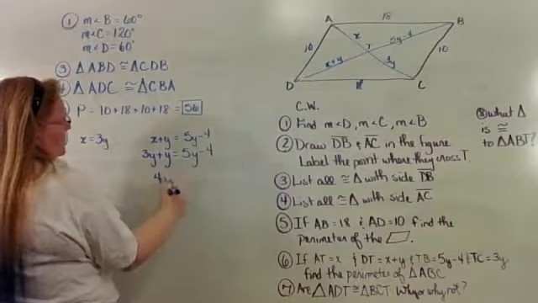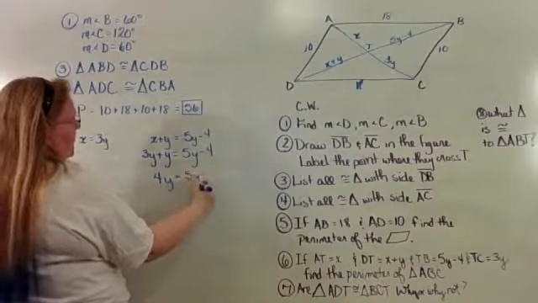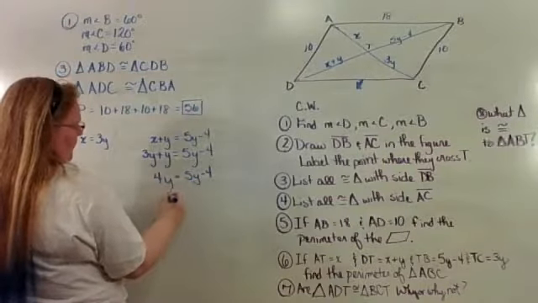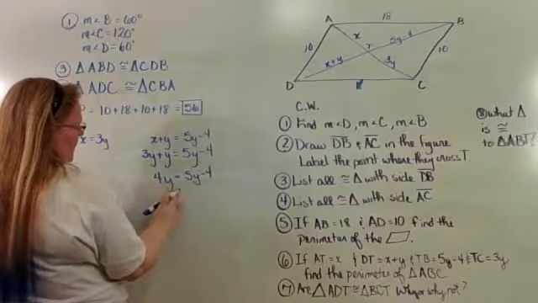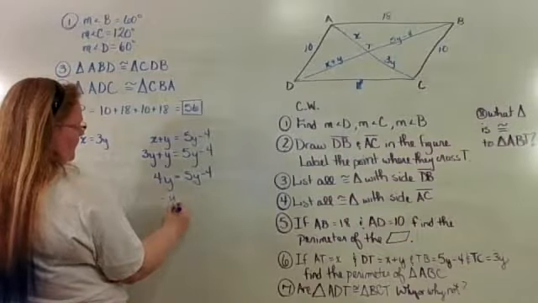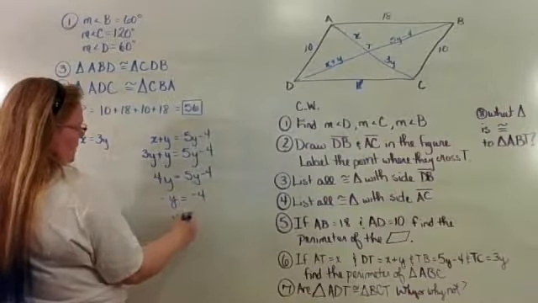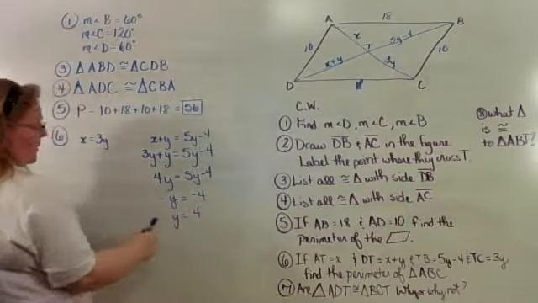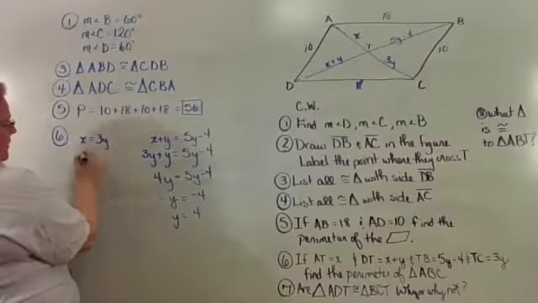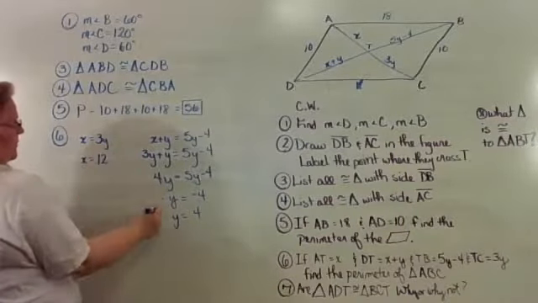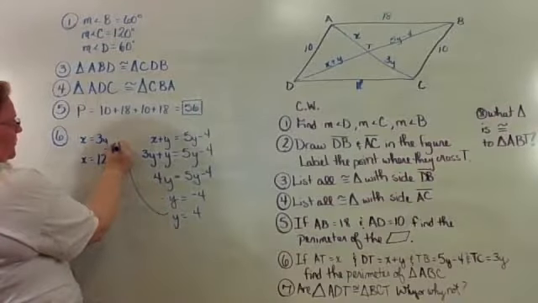So that is 4y equals 5y minus 4. Move that over here, negative 1y equals negative 4, so y must equal 4. Now coming back over here, x must equal 12 if y is equal to 4.